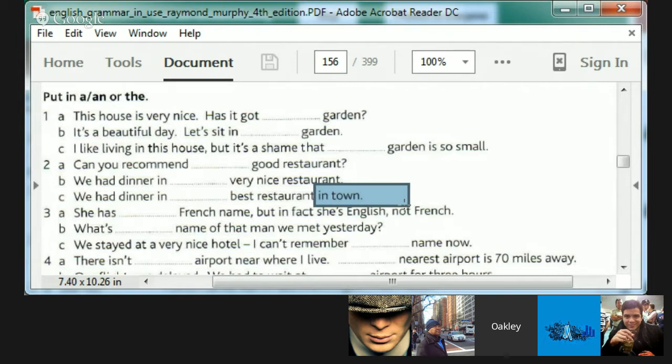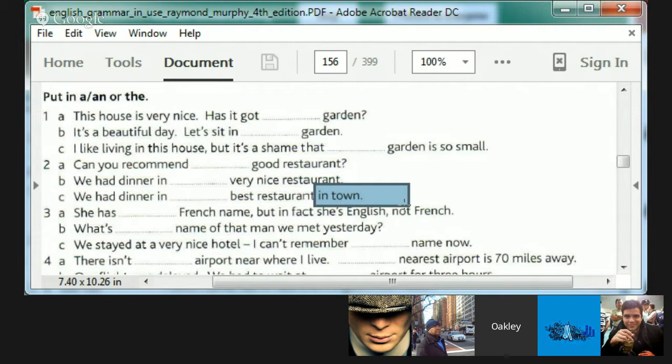You could use an article, but probably you would only define it as the town if you were saying, like, I went on vacation, we went to town A, town B, town C. While we were in town C, we had dinner in the best restaurant in the town. You would bother to define it.